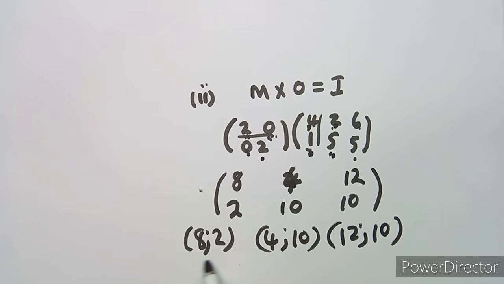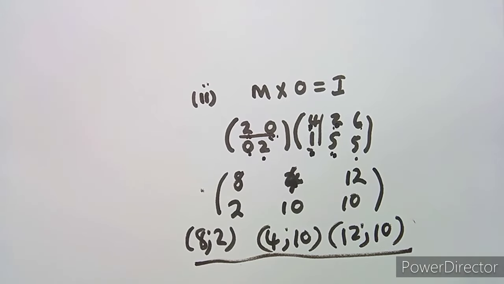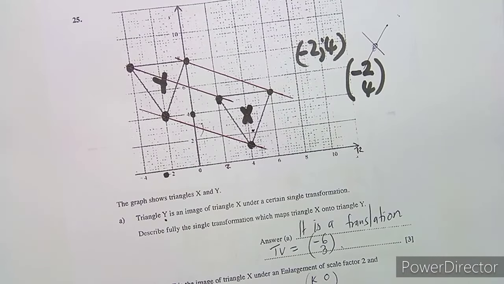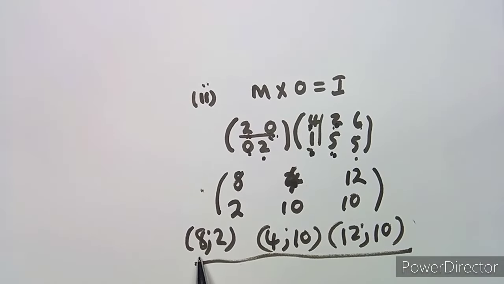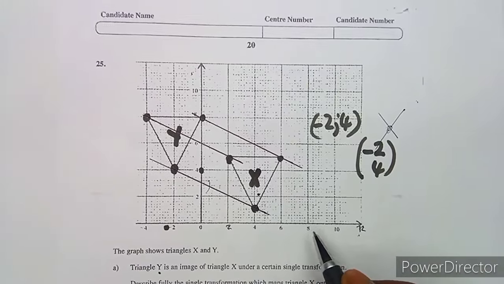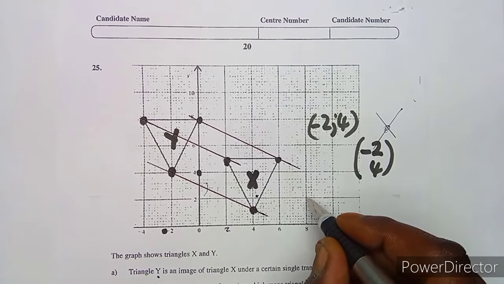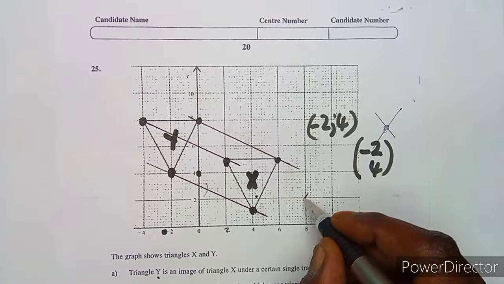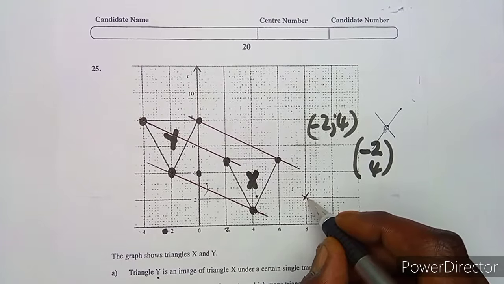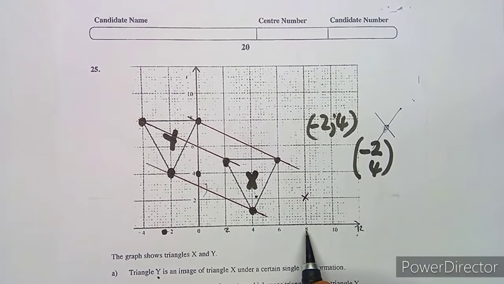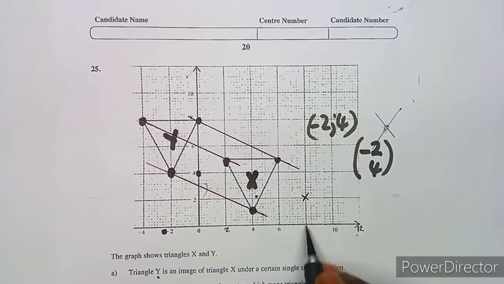So you must locate these points, mark them, then you can draw your image. What I'm simply saying is that we have to locate these points. I'm going to start with this one, (8, 2). So this is our (8, 2) here, so it's going to be here. When x is 8, y is 2, that's (8, 2).